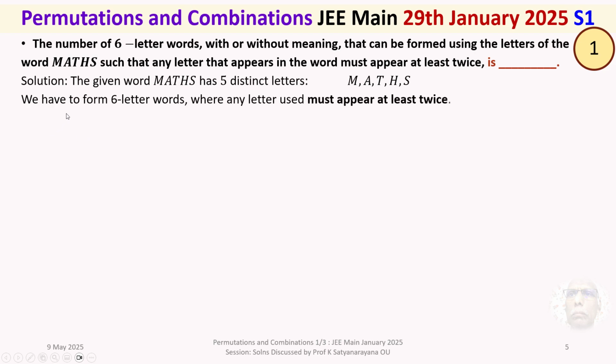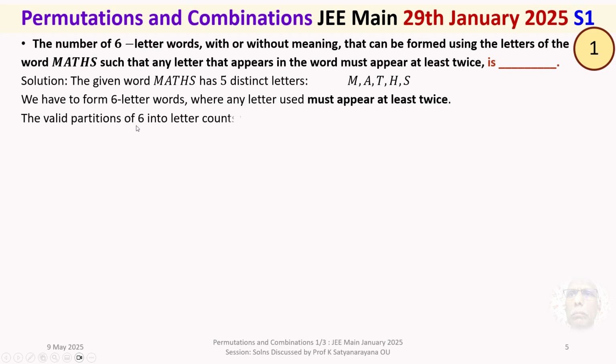Our task is to form 6-letter words where any letter that is used must appear at least twice. This condition has come because we are only having 5 distinct letters. If you use any one of the letters in the 6-letter word, then that must appear at least twice.